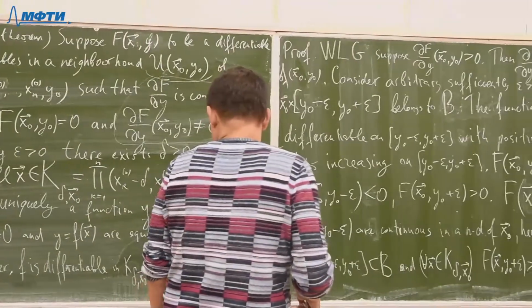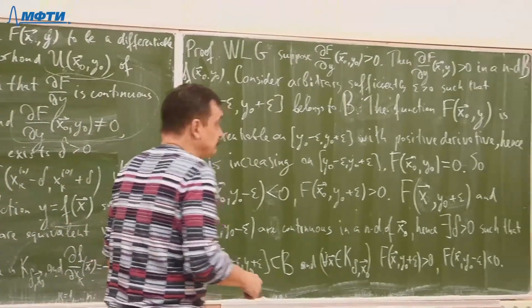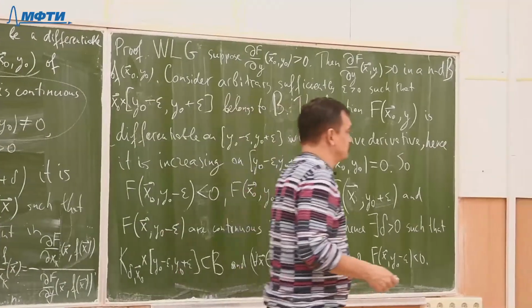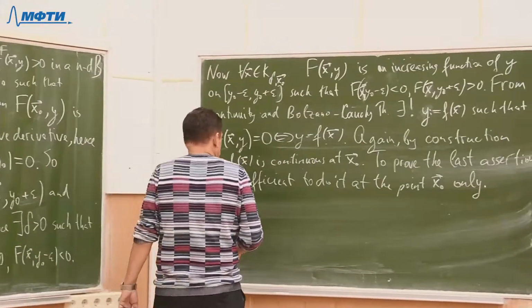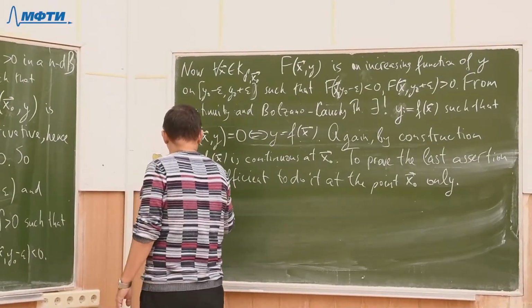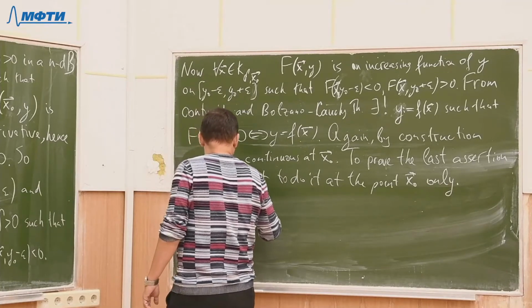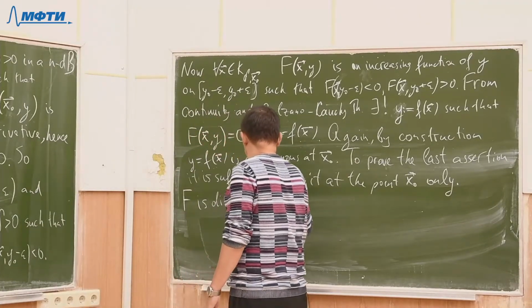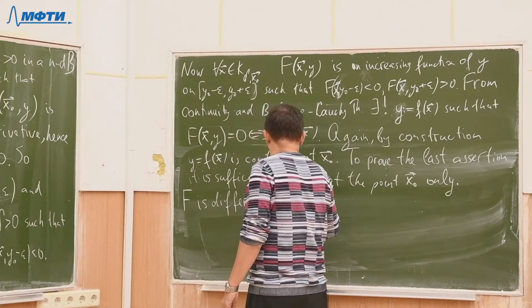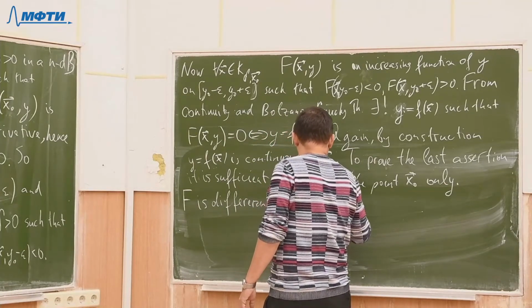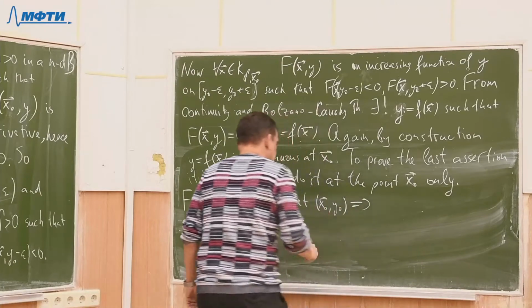Okay. Now, capital F is differentiable at x naught, y naught. What does it mean?